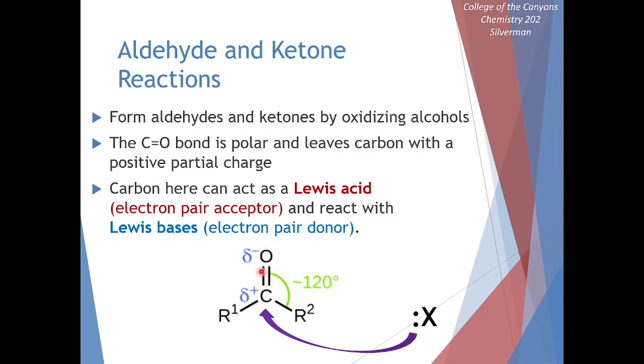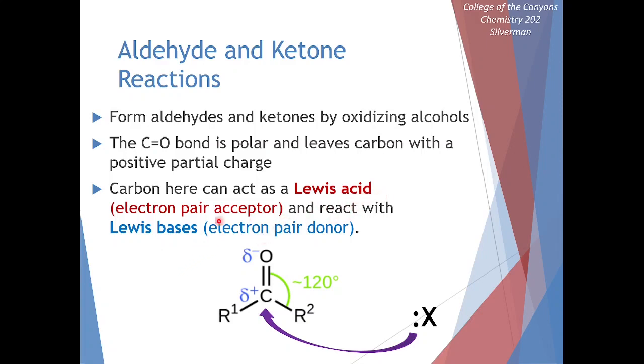It will pull the electrons away from that carbon, leaving our carbon looking for extra electrons. We can have some electron-rich molecules come in, donate some electron lone pairs, and form a new bond to our carbon in that carbonyl. This is an example of Lewis acid, Lewis base chemistry.